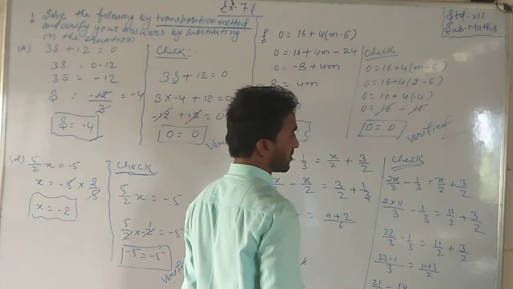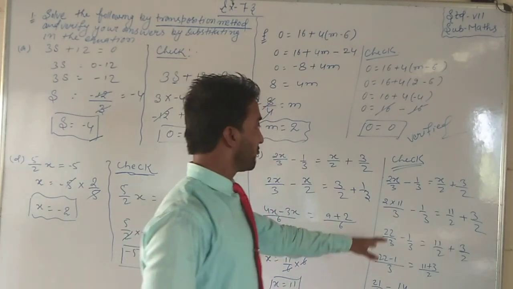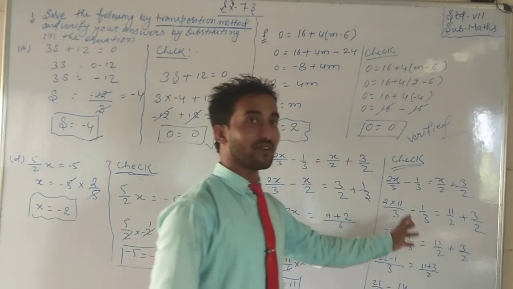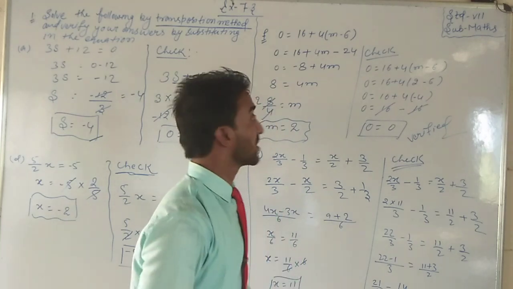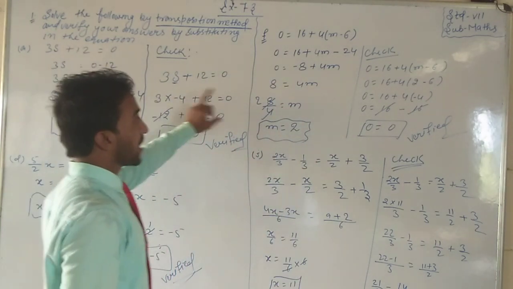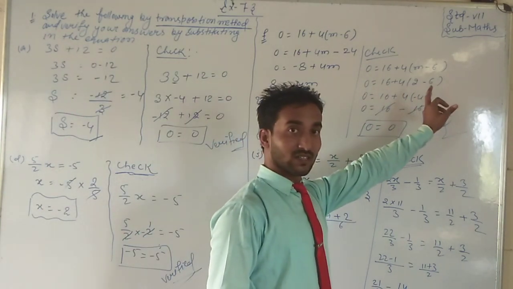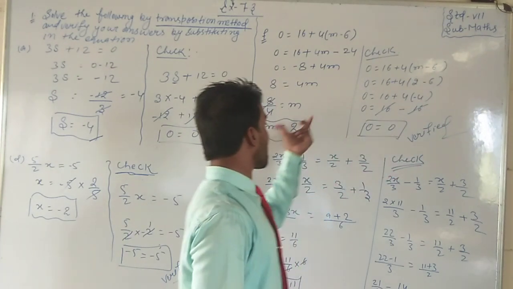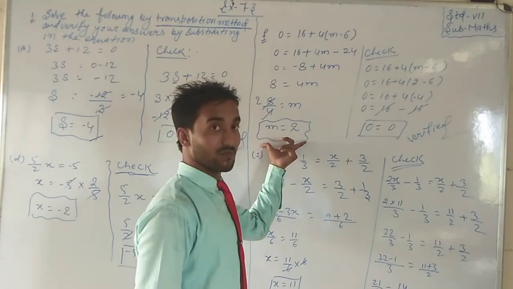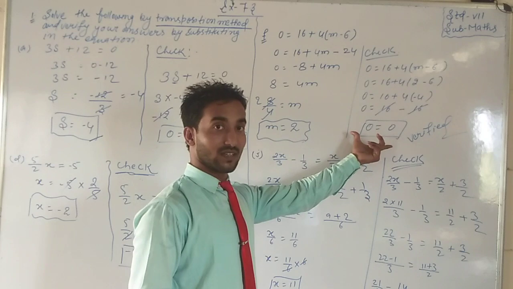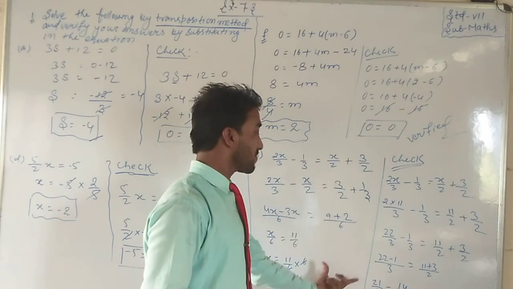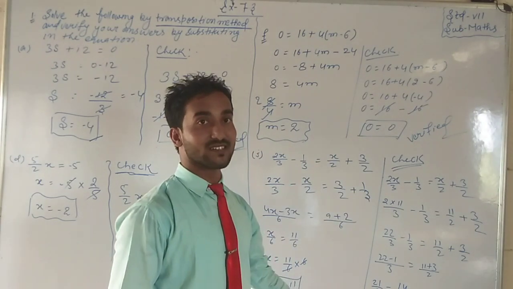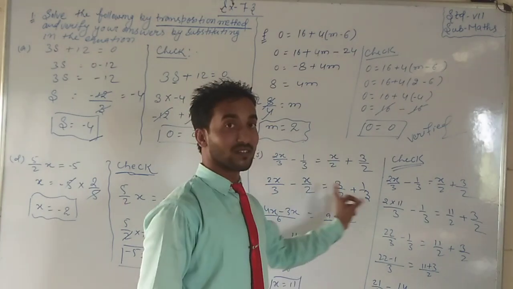Students, I hope you can check whether this is right or wrong. See, everywhere during the verification, we found that the value of the variable we found satisfies the equation. But here there is a difference. It means we can say that this answer is wrong.